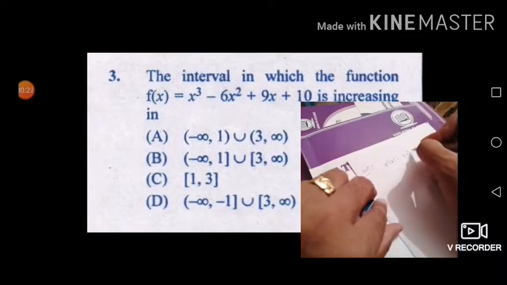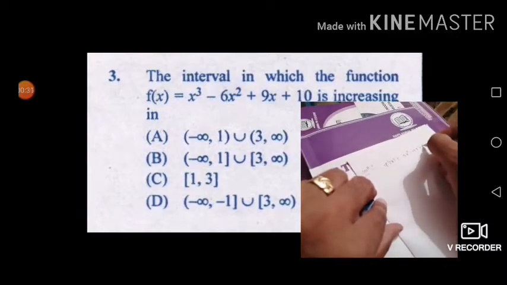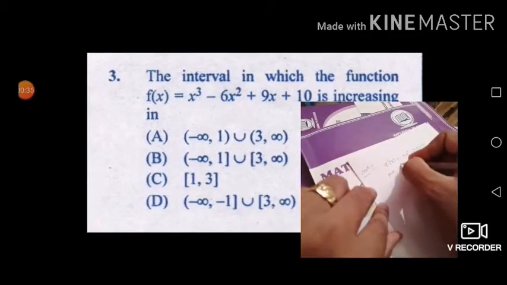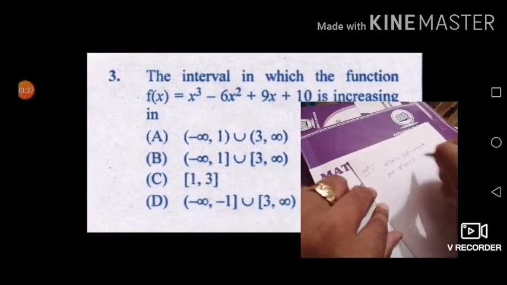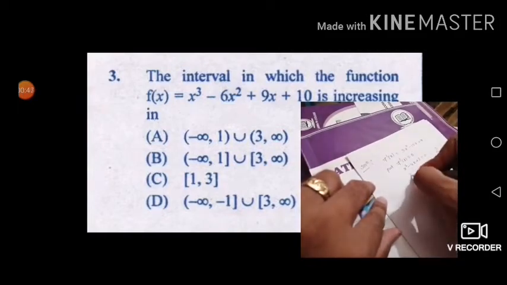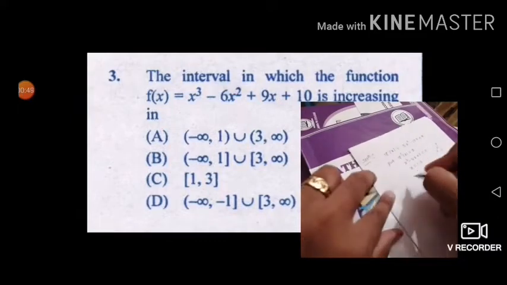What happens if f dash of x is 3x square minus 12x plus 9? Put f dash of x equal to 0. So we get x square minus 4x plus 3 equals 0, so x equals 1, 3.